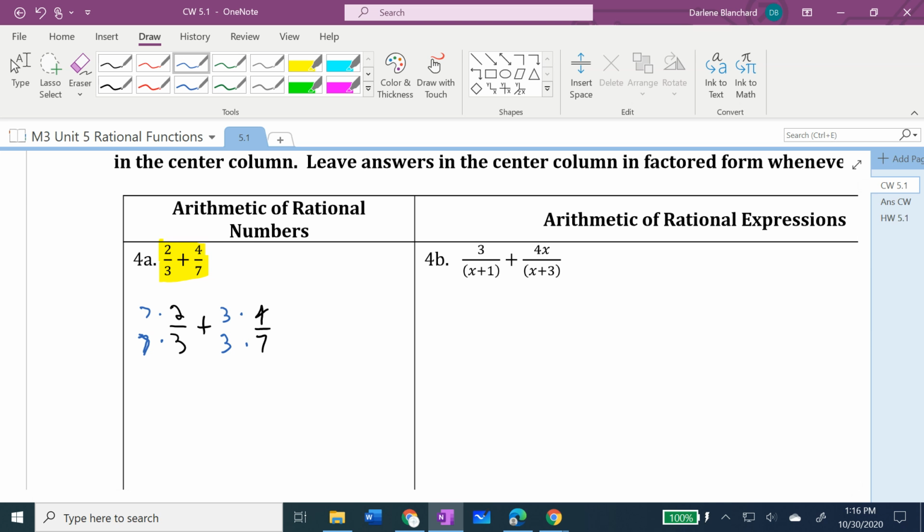But it's basically like taking two pizzas that are cut very differently and having to cut them into a lot more slices so that we can get to a point where the slices are actually the same size. Then we can talk about how much is going on. So in the denominator, we see that the 21 is now the common denominator.